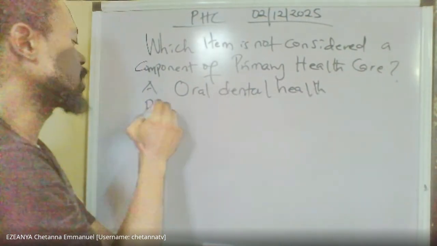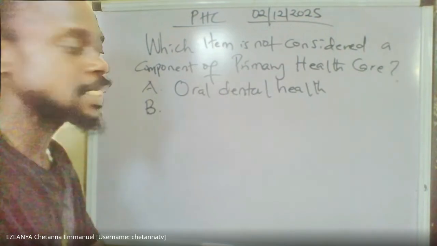Option B says supply of essential medicines.